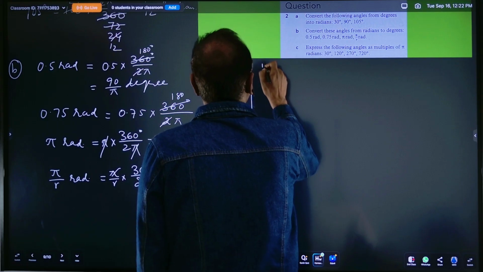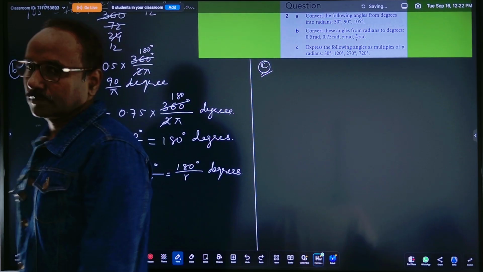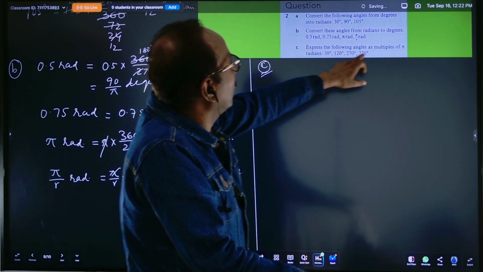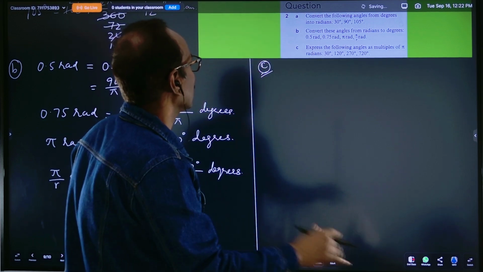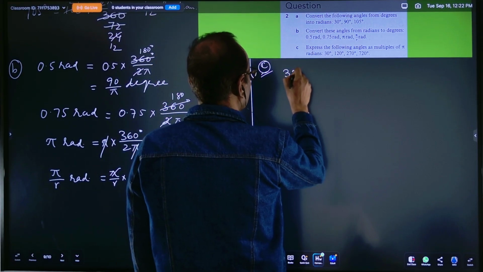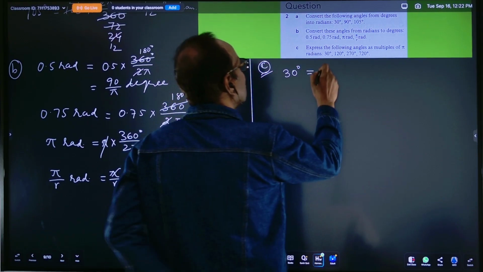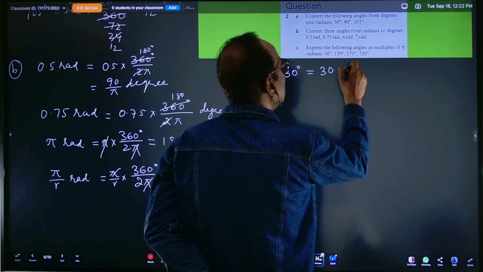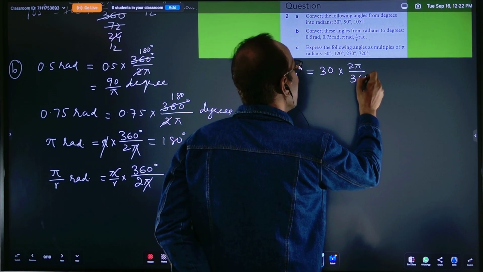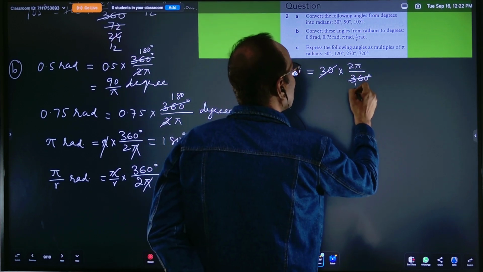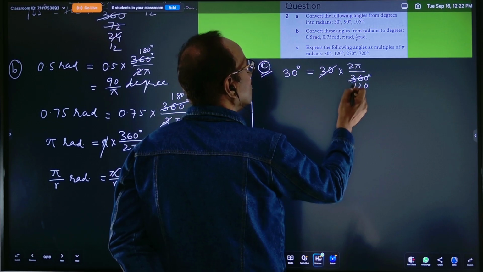Let us go for part C. Express the following angles as multiples of pi radians. 30 degree, to convert into radians: 30 into pi by 180.